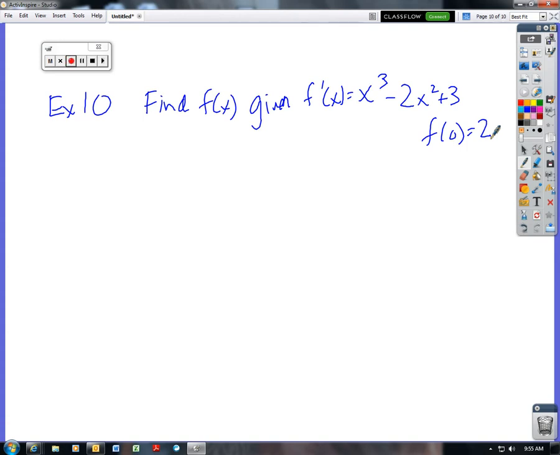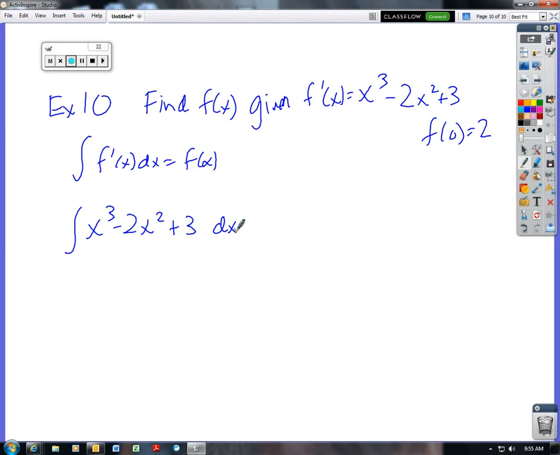So what we're going to be doing, these are called finding the particular solutions. They're giving you the derivative and they want you to find f. So that means if you want to go from the derivative to f, you have to find the antiderivative, or you have to integrate, because the integral of the derivative is f. So I'm going to be doing the integral of x cubed minus 2x squared plus 3.